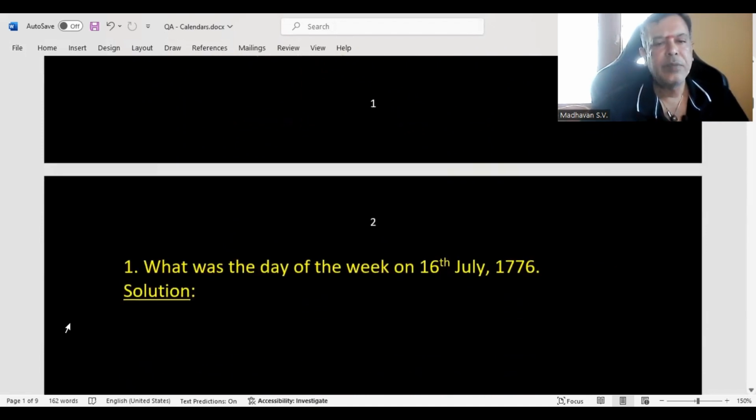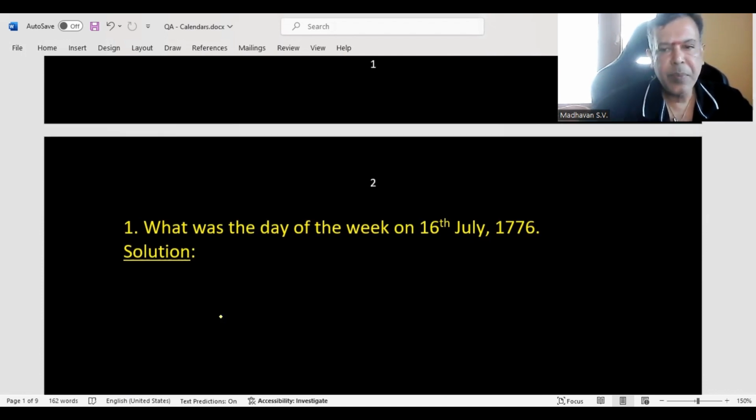What was the day of the week on 16th July 1776? So the very first step is we will consider the year, that is 76. We will consider 1 less, that is 75.